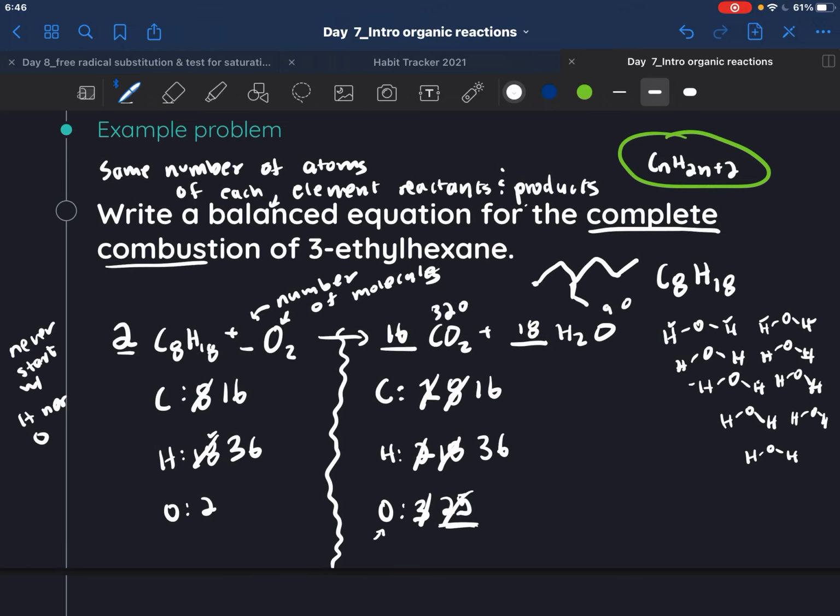I have 18 oxygens in water, 32 plus 18, it turns out is 50 oxygens. Well, how do I get 50 oxygens on the left? 25. So again, I needed to double because I did not want my coefficient to be a decimal. I wanted it to be an integer. And so that final step of doubling only comes up in certain examples.